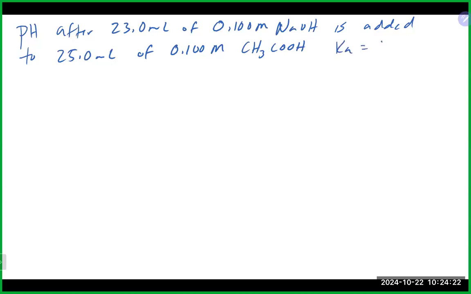Ka for acetic acid is 1.8 times 10 to the minus 5. All right, give it a go. I'll do it as well and see what we end up with.